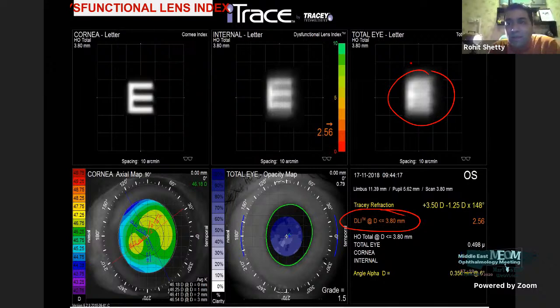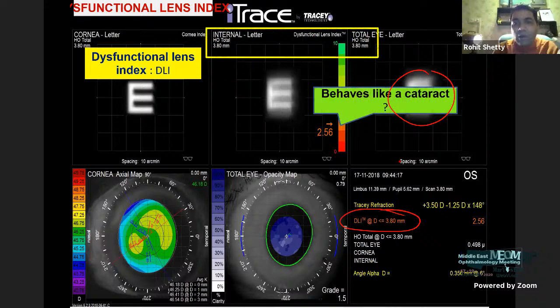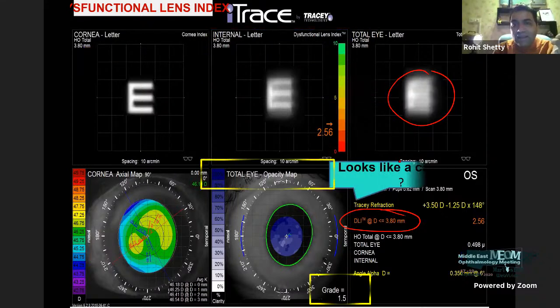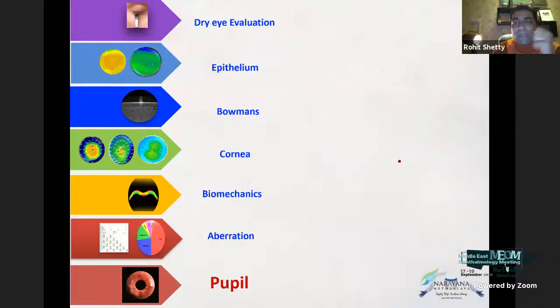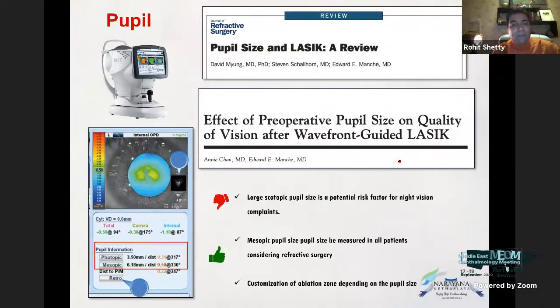If you do a LASIK on him, this is maybe a 42-year-old male or female, he's going to be terribly unhappy because his problem is in the lens. We call it a dysfunctional lens index or syndrome, and this is where your lens needs to be operated on, because it behaves like a cataract, does not look like a cataract, and that is where the changes are. The pupil is very important, and the size of the pupil has to be looked at always.